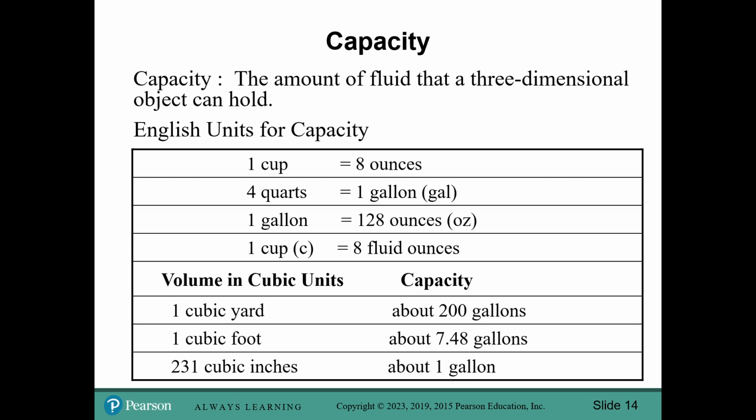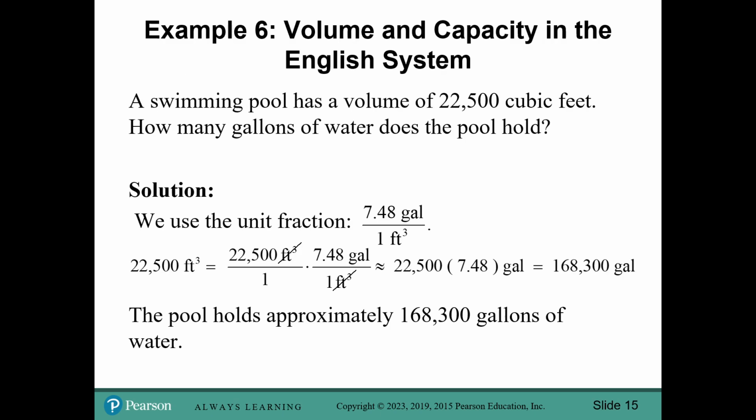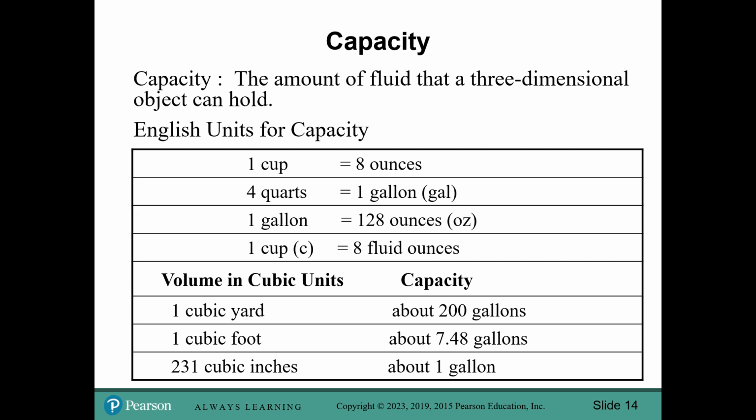Those might be new to you. Hopefully you know your conversions for cups to ounces, ounces to quarts and gallons, and you could even throw pints in there. Hopefully you're at least semi-familiar with those. Volume, maybe not so much, especially as it relates to capacity. But we've got a little chart going.